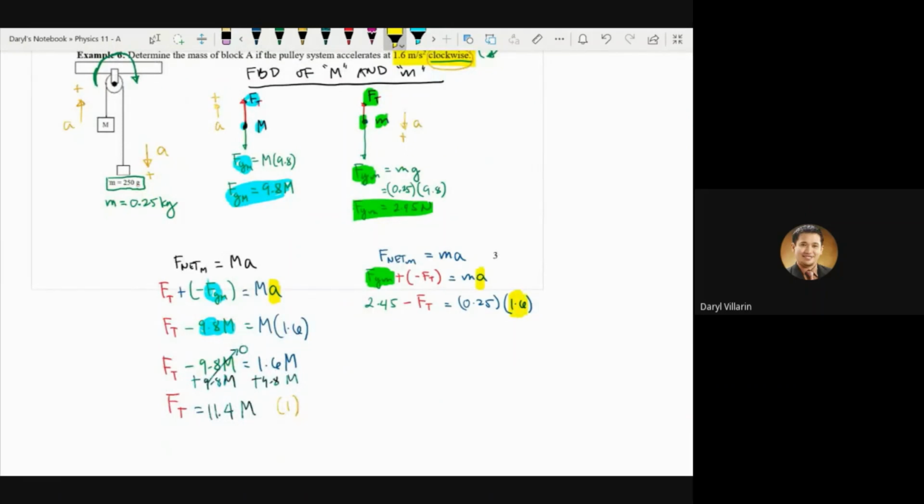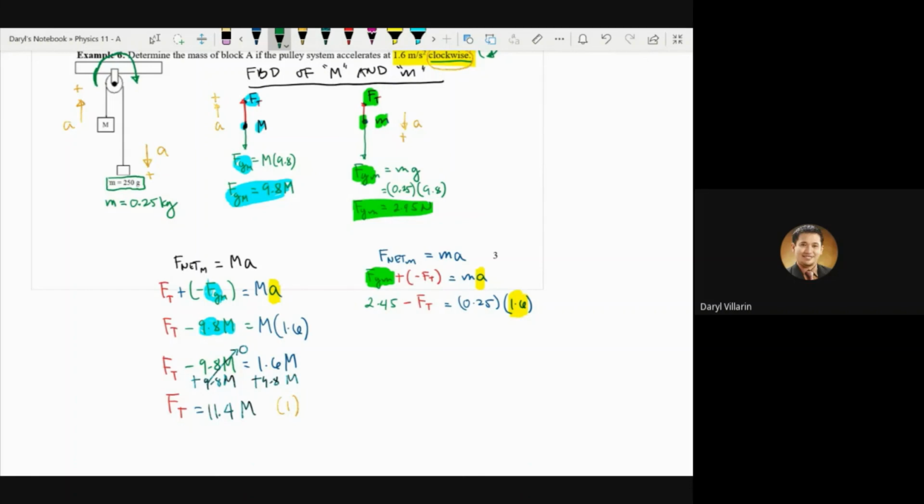Remember, this is different. This is a. It's different from g. g is a constant. So g is being used if you want to get the weight, the magnitude of the weight. But for Newton's second law, you're talking about the acceleration of the object itself.